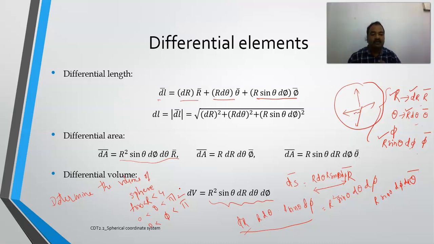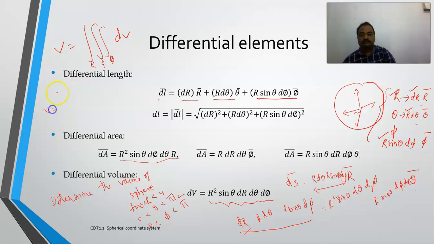Immediately, I will be utilizing this volume equation. I do have this volume equation, right? I want to determine the volume, and volume means 3 dimensions. R, phi and theta will be varying. So what is the formula of dV?